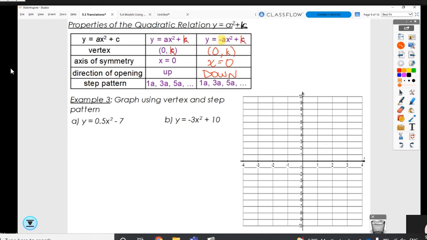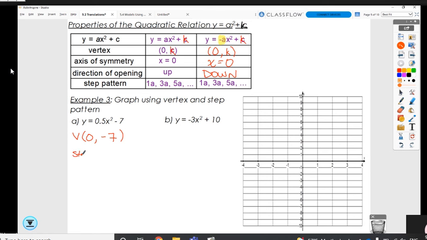In this first one, we'll do this one in red. What's our vertex of this quadratic? Yeah, 0, negative 7. It's not 0, 0. It's actually down 7 from there. So we'll say 0, negative 7. Now, what about our step pattern?